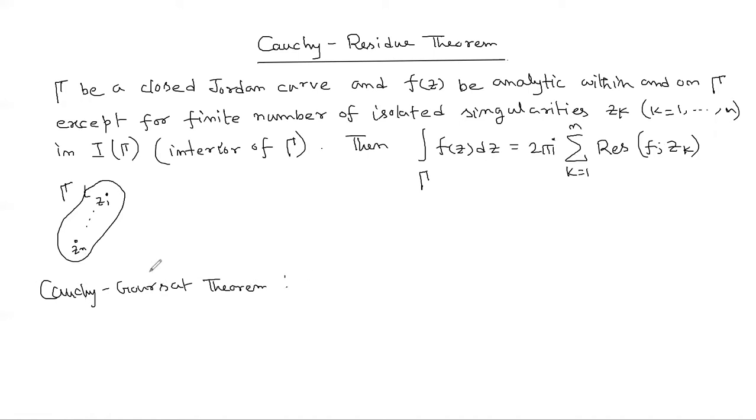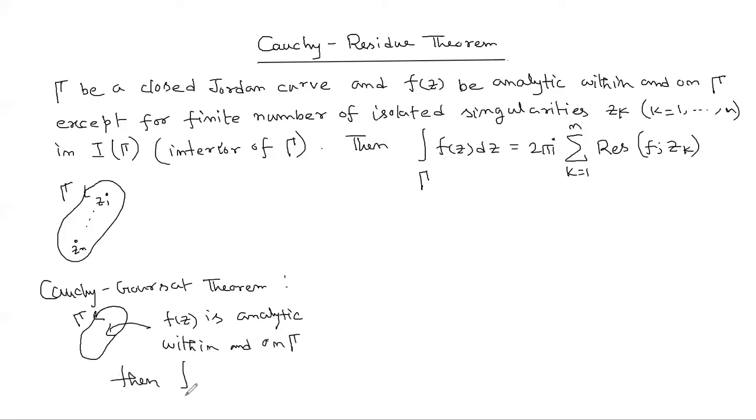that if a function f(z) be analytic within and on gamma, then integral over gamma f(z) dz is equal to 0.